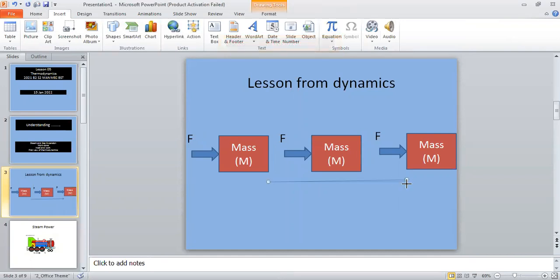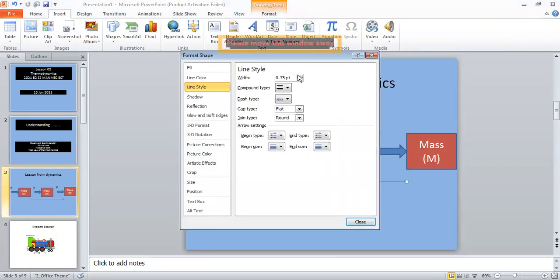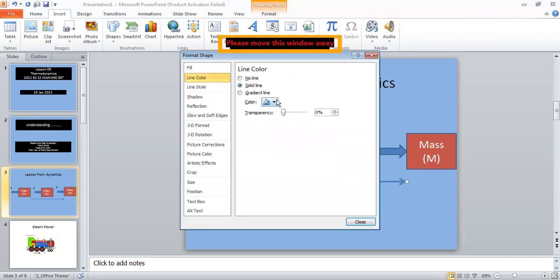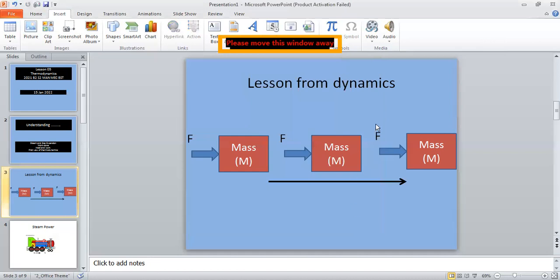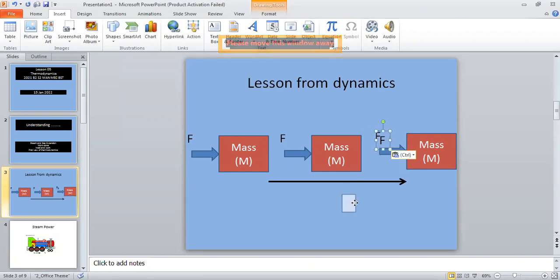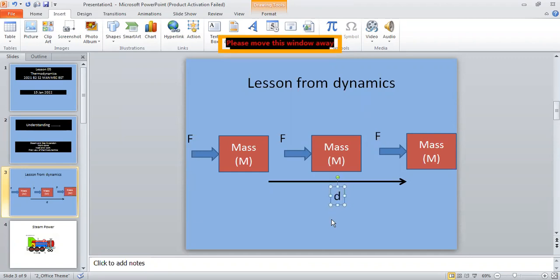So let's say this is the displacement. It's a vector again, and this displacement, let's say X, or even let's say D is the displacement.